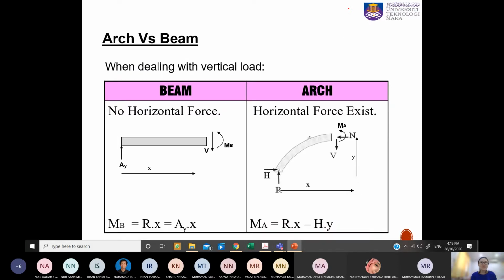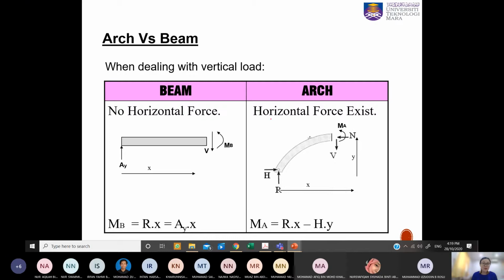So what is the difference between the arch and the beam? If you look here, for the beam we do not have horizontal force, in common, unless you place an external lateral force or sloping loads on the system.